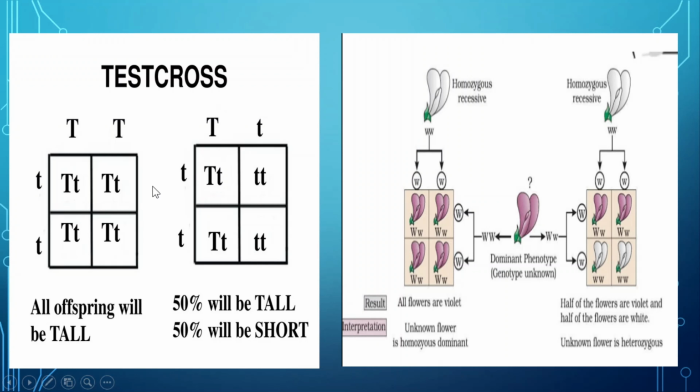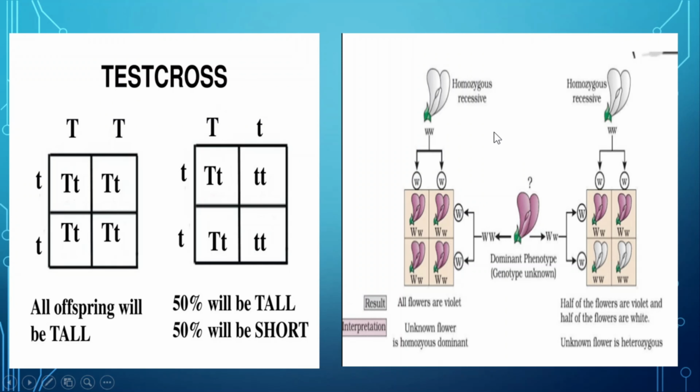It is a type of back cross, but it is known as test cross because it helps to know the genotype of the parent, and here the result will be 50-50, 50% tall and 50% short.